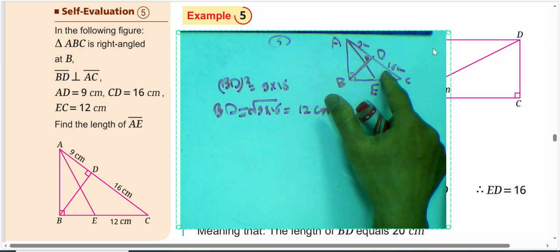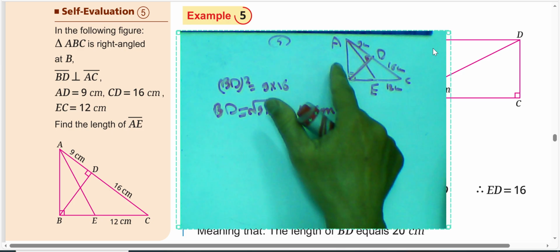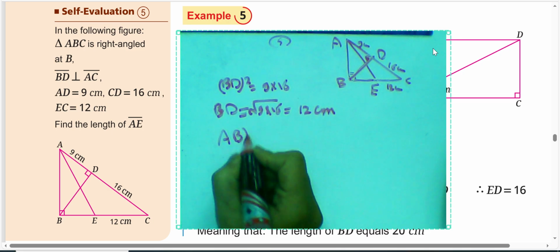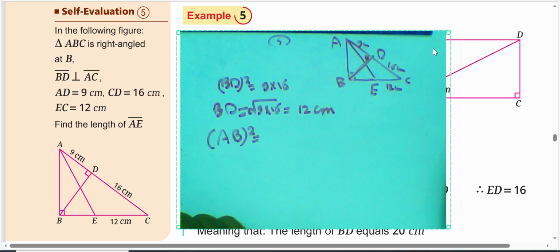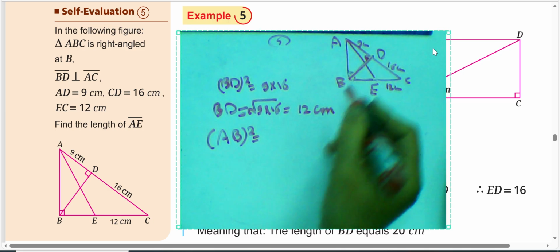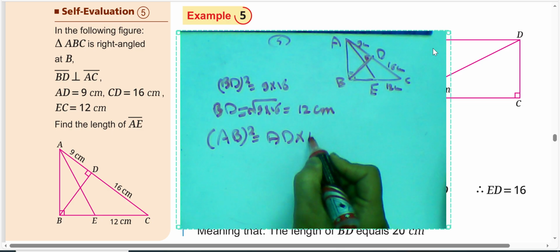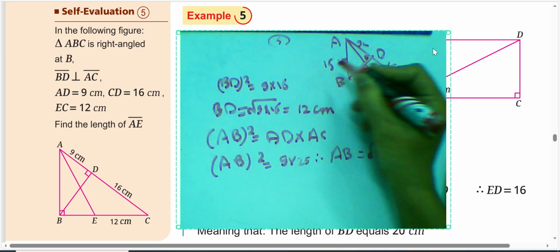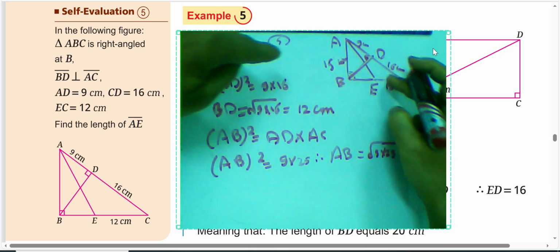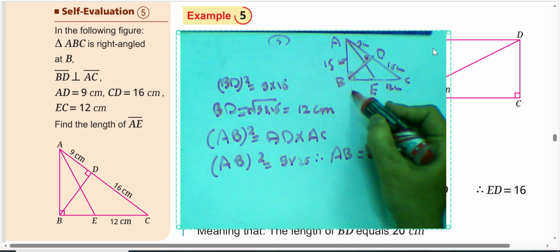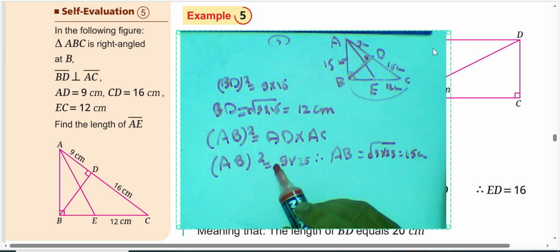And we have 16, 9. Now we have 15 and this 9 and 16 and this 12. I want to find this length. We can find the length of BC first.